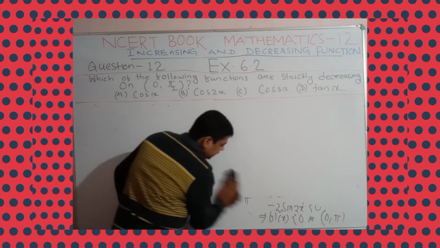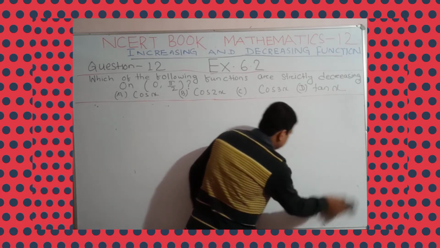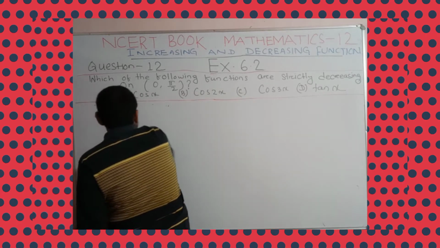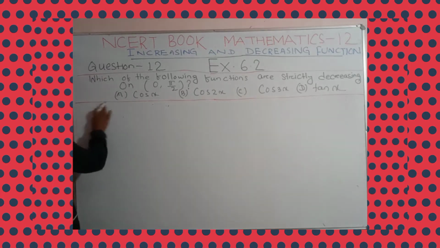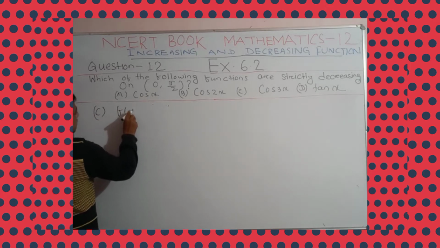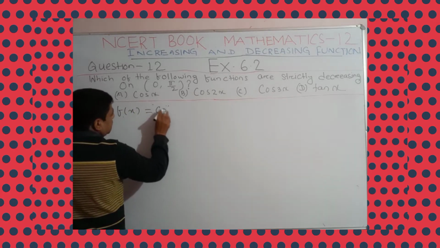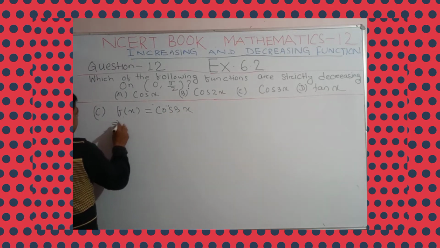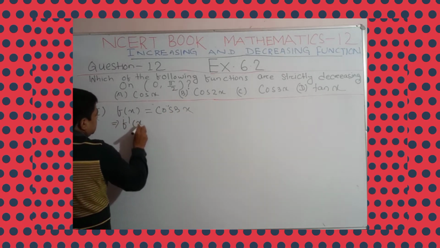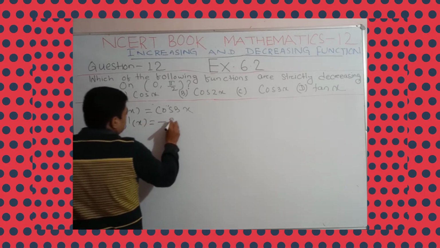In the third function, here f(x) is given as cos 3x. That implies finding the derivative. f'(x) is equal to minus 3 sin 3x.